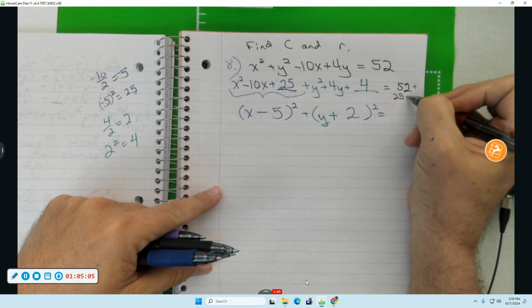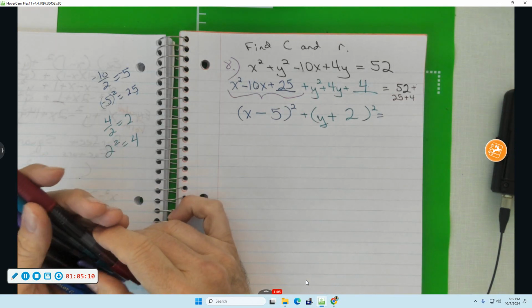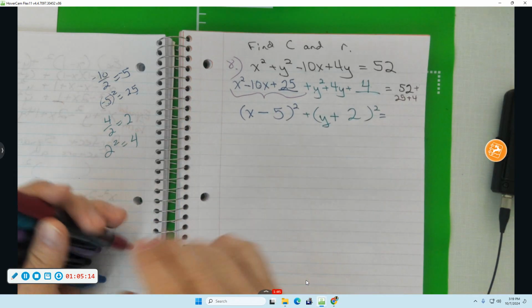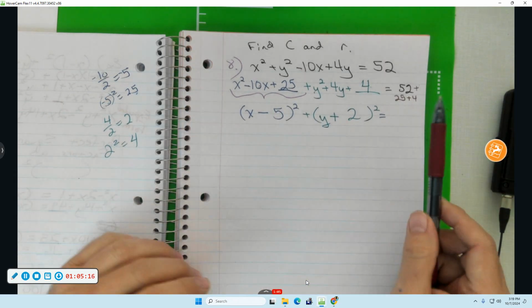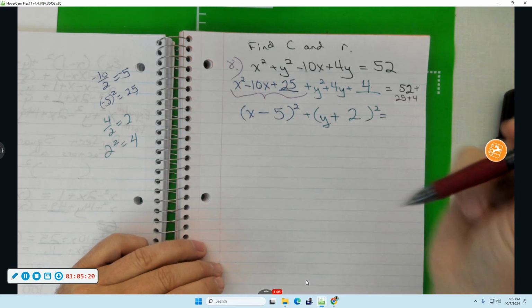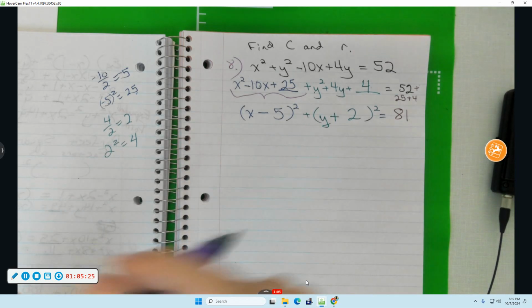And the 4 will have to be added to the right side. 25 plus 52, that's 77, plus 4, what are y'all getting over here? A nice 81.